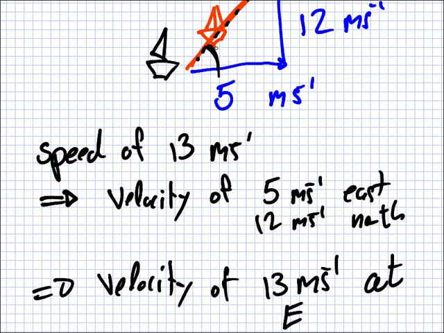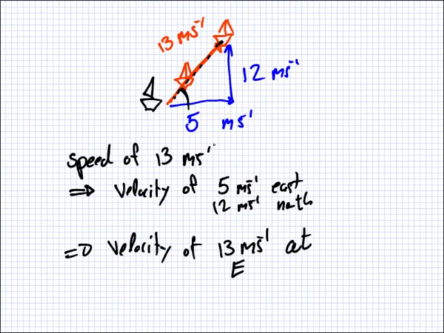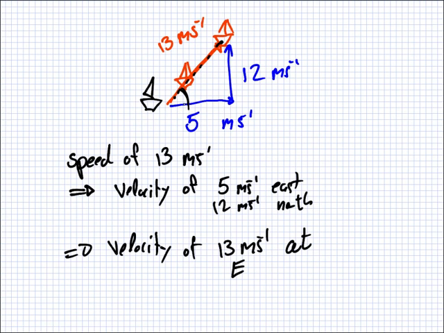What's this angle here, please? 36.9. I think so. Yeah, tan inverse 12 over 5. I thought it was 51 or something. Tan inverse 12 over 5, what's that? 67.4 degrees north.